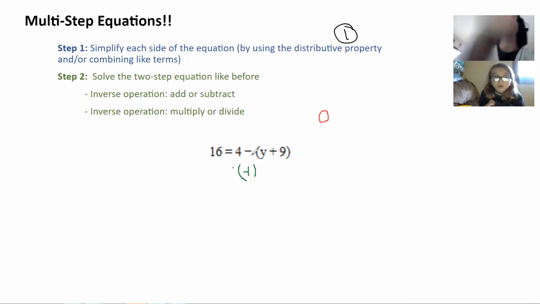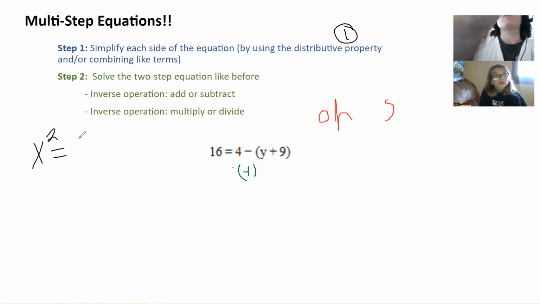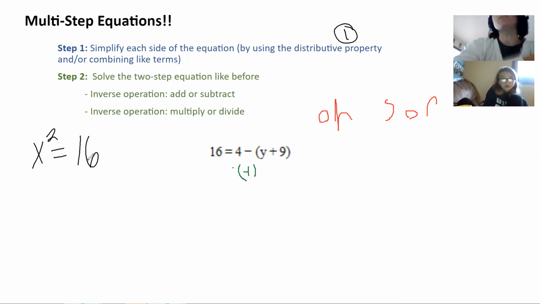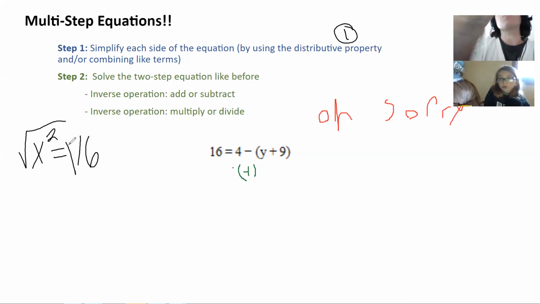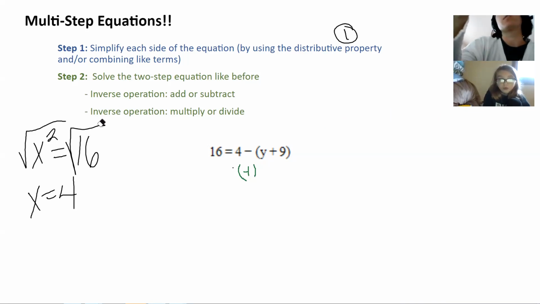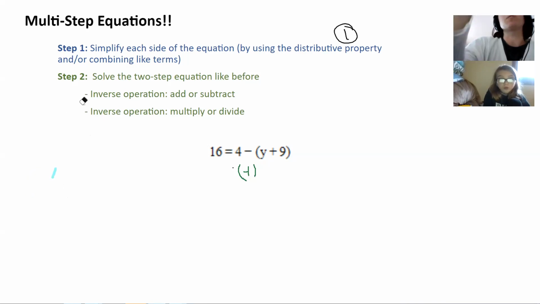You would only do that if we had an equation like x squared equals 16, then you would take the square root of both sides to see that x equals 4. That's when you would use square root. Good observations, little jeepers.